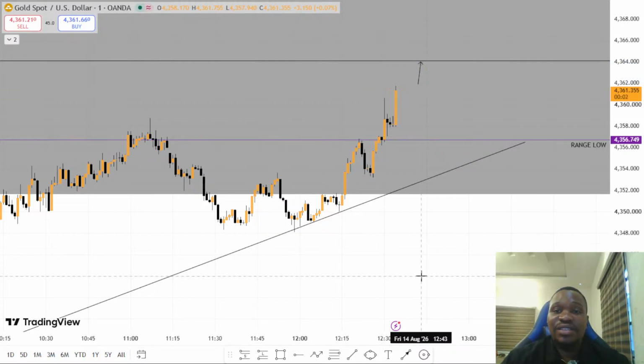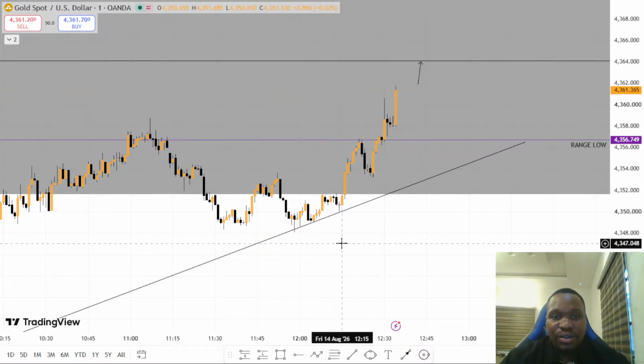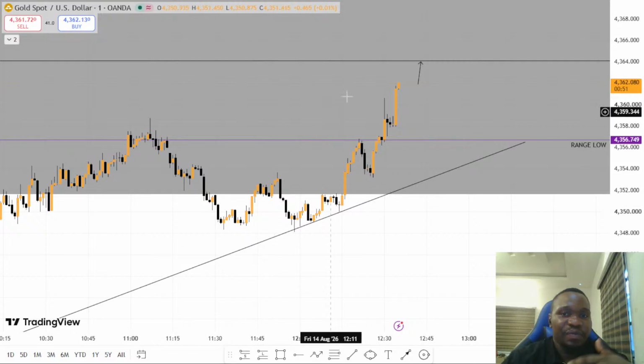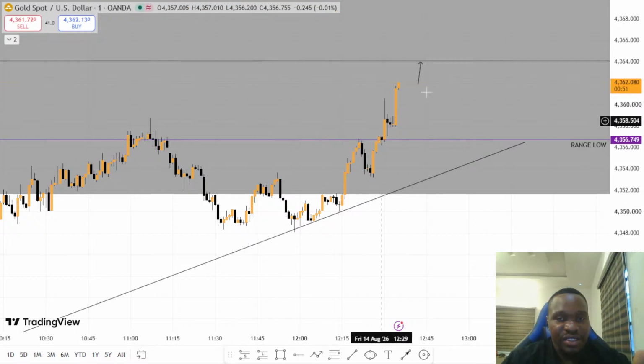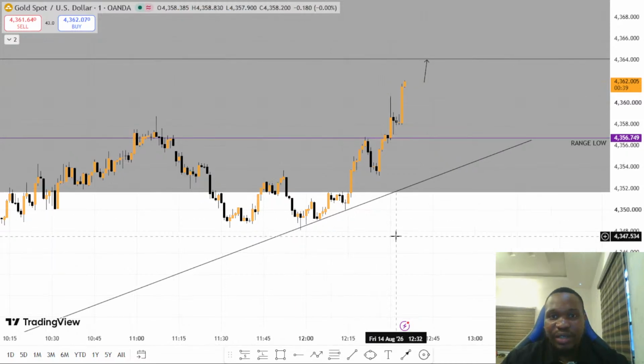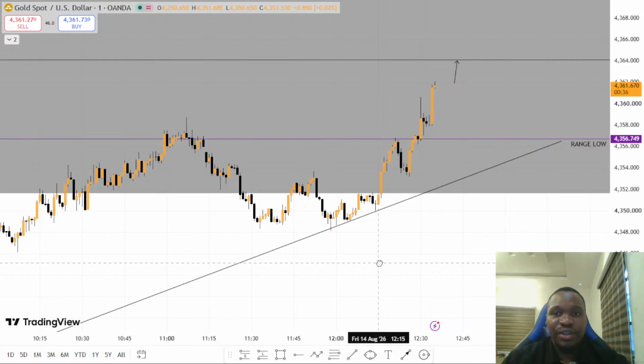It's easier to know because the intraday trend is very, very bullish, and there is no willingness currently for price to trade to the downside. So I can easily say that price is going to go to 4364. The topic for today was for testing. You see how it's going to reach for that, and it's something very beautiful to see every time.